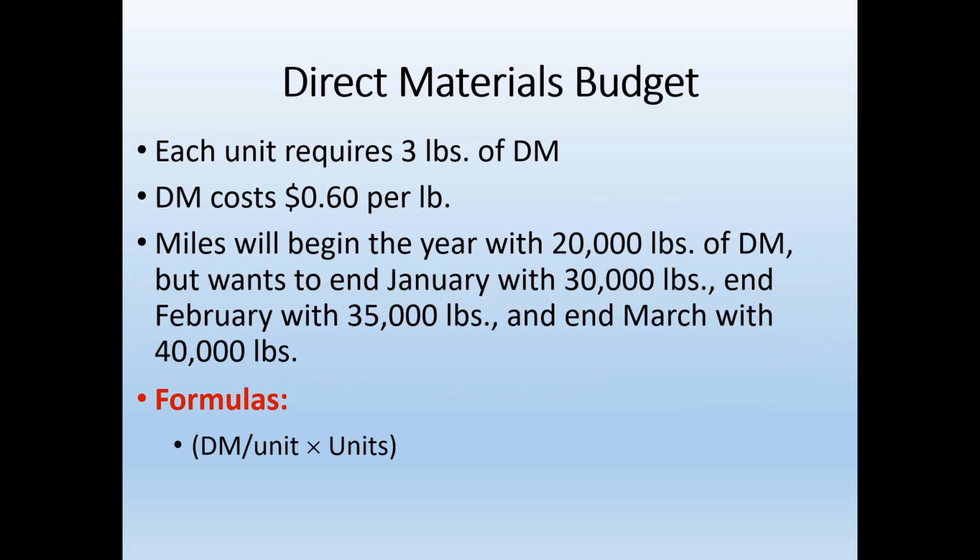The amount of direct material per unit times the number of units tells us the total amount of direct material that we need for current production in each month.